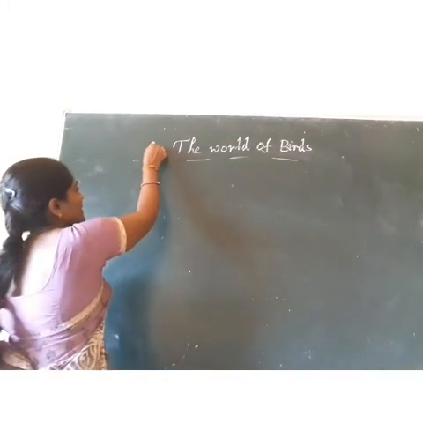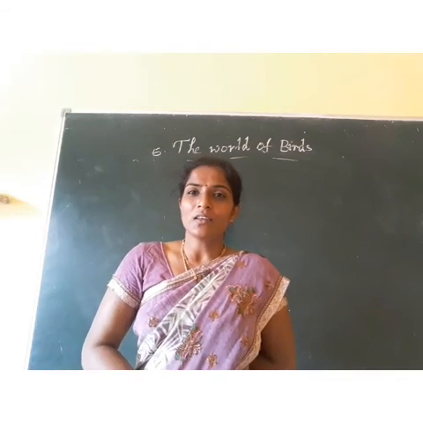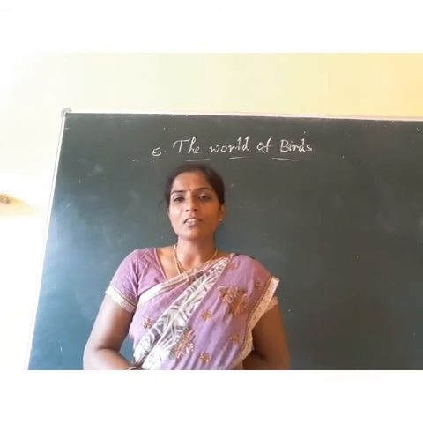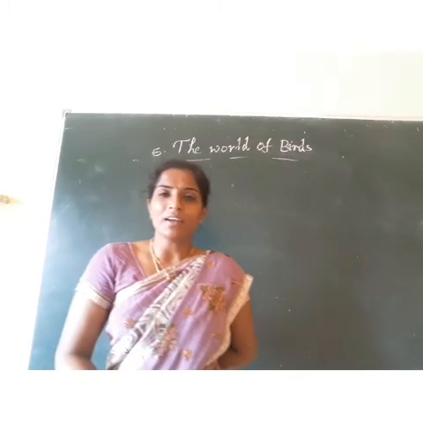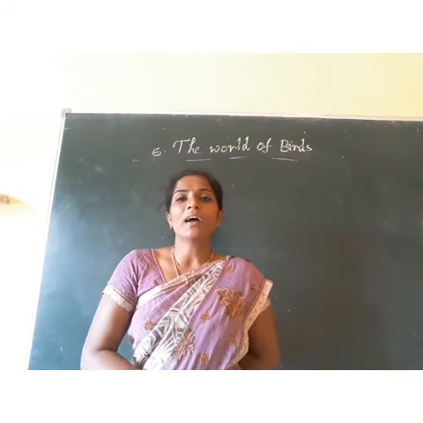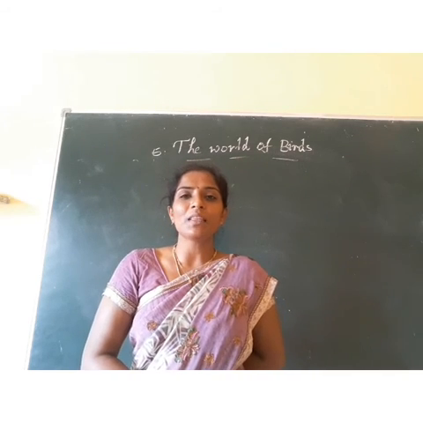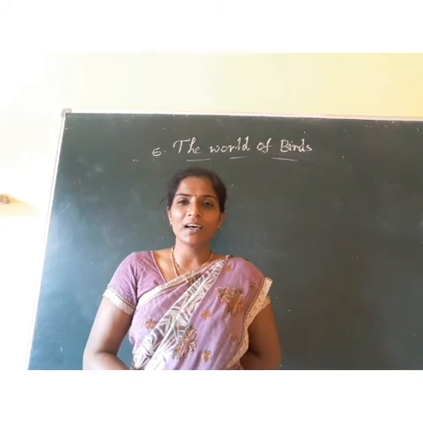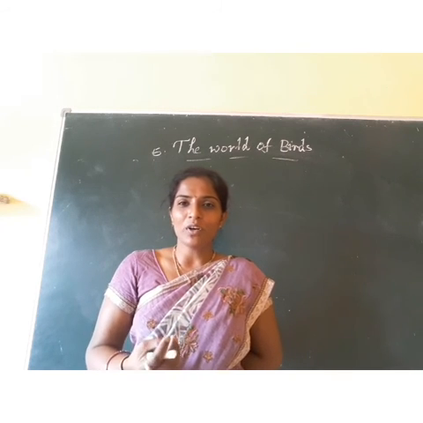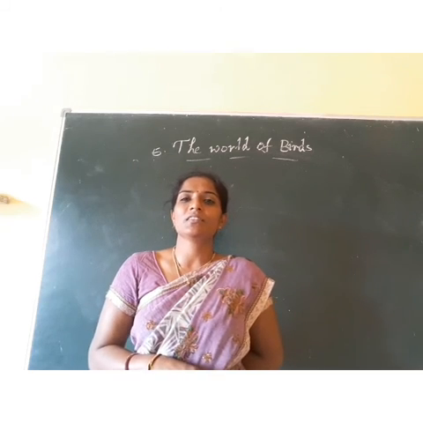In this lesson, yesterday what we learned: parts of the body of birds, and also we learned flightless birds, and how birds fly, and the types of feathers. What are the types of feathers? Come on, say that. Say body feathers, down feathers and flight feathers.